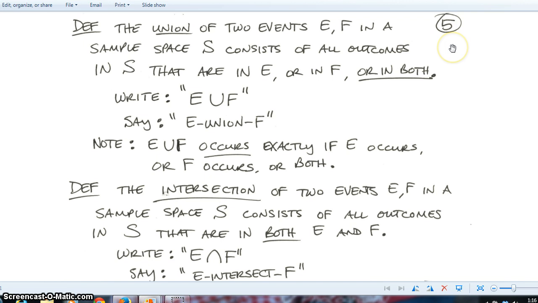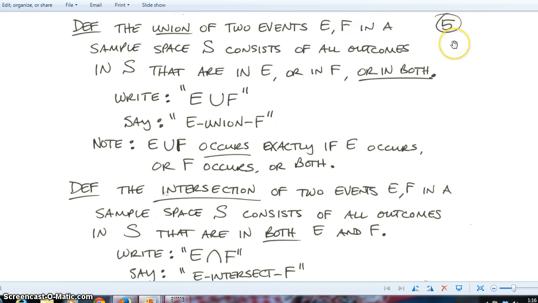The way you can think of the union in terms of outcomes, if you think of each of the events as kind of like you're cooking in the kitchen, and there's two pots and they have food ingredients in them, and those are the outcomes. The union is kind of like taking the two pots and just throwing them together in a third big pot. So you're making a big stew in a big pot, and you have the two original pots of ingredients, and you just toss them all together into one pot.